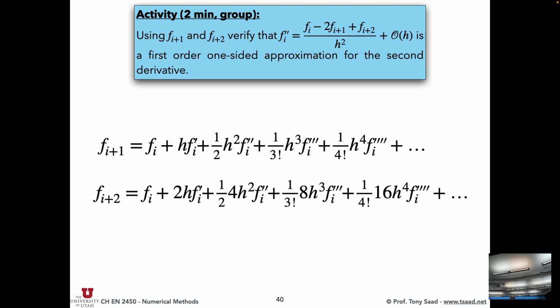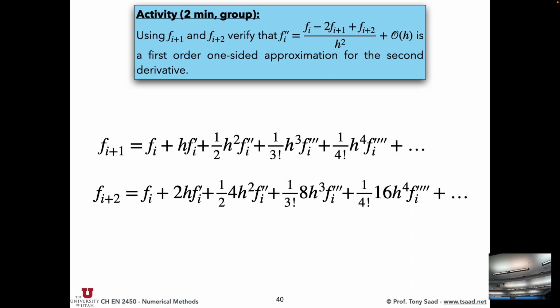I need to double check that order. That is one-sided, okay, using f(i+1) and f(i+2). So let's say you are facing the same problem, computing that first derivative, but now you need a second derivative at the endpoints. What do you do? You need to one-side it, okay?